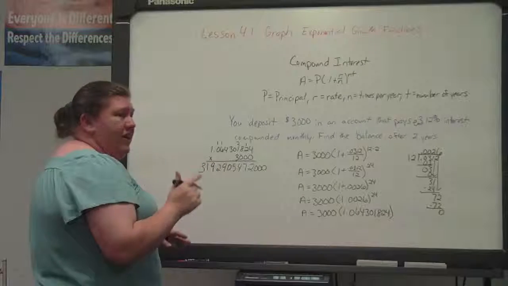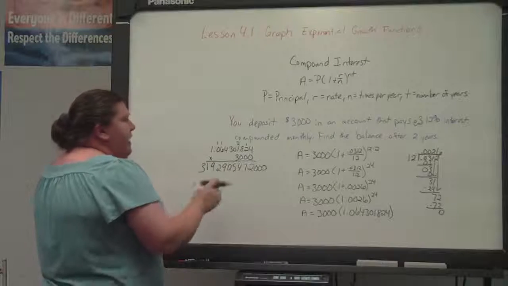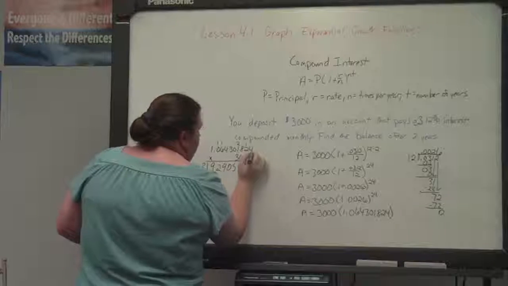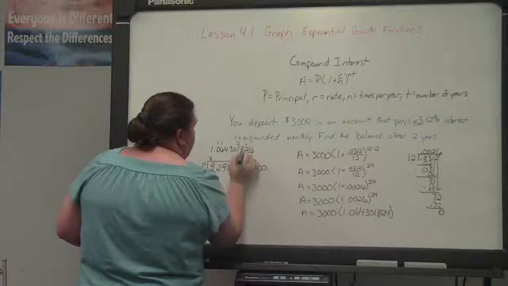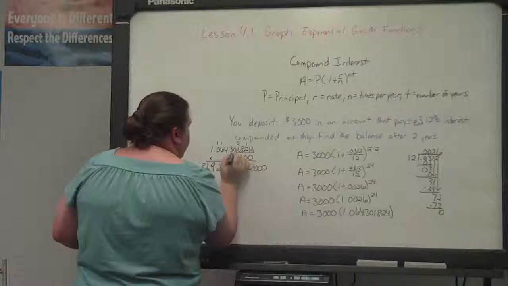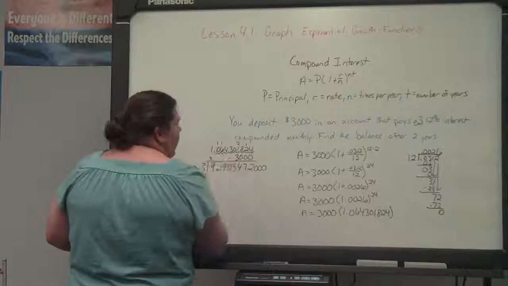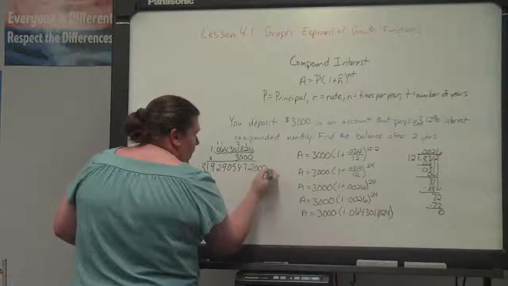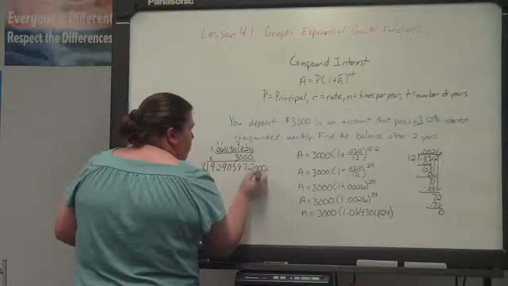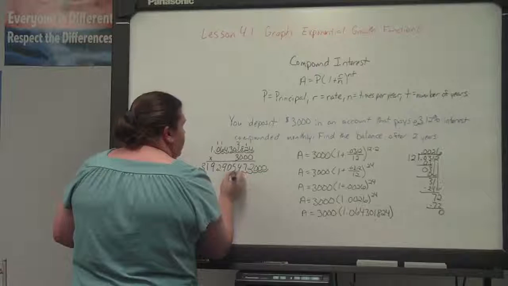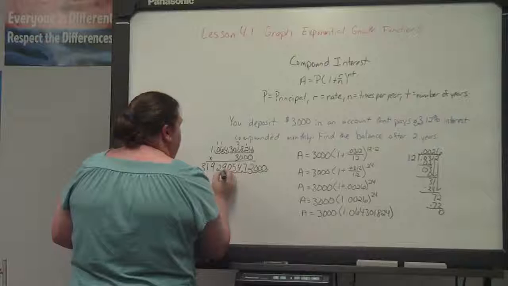Now I need to count how many decimal places I have: 1, 2, 3, 4, 5, 6, 7, 8, 9. I'm going to start right here and count 9 places, and there's where my new decimal place is.